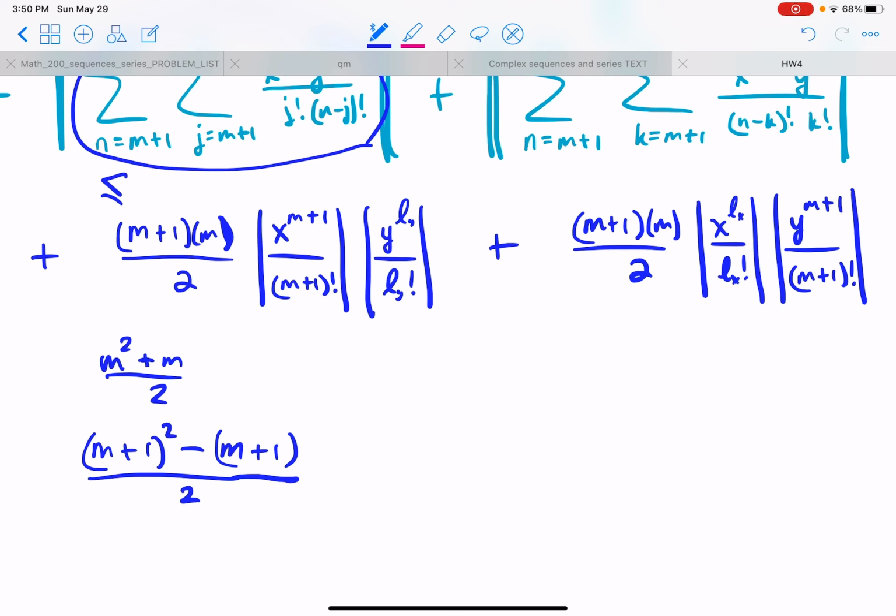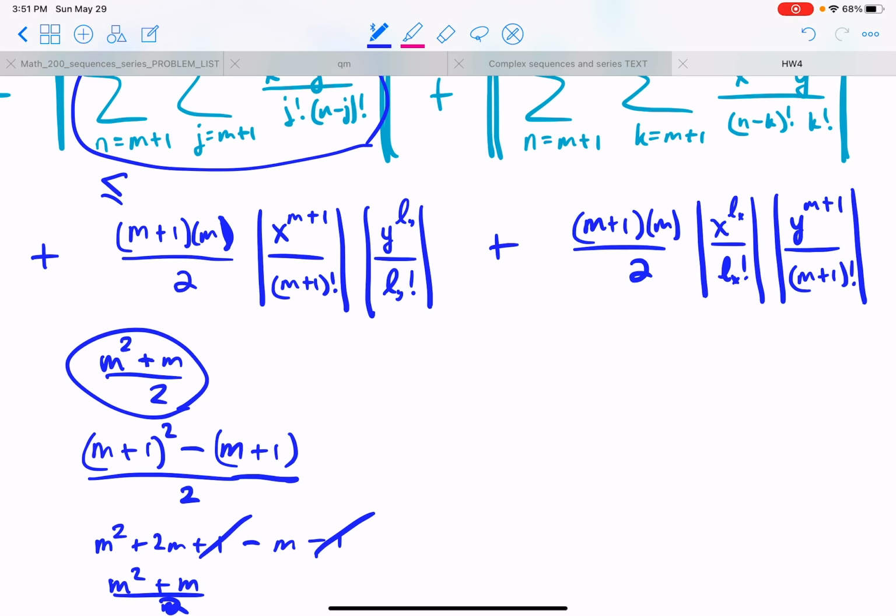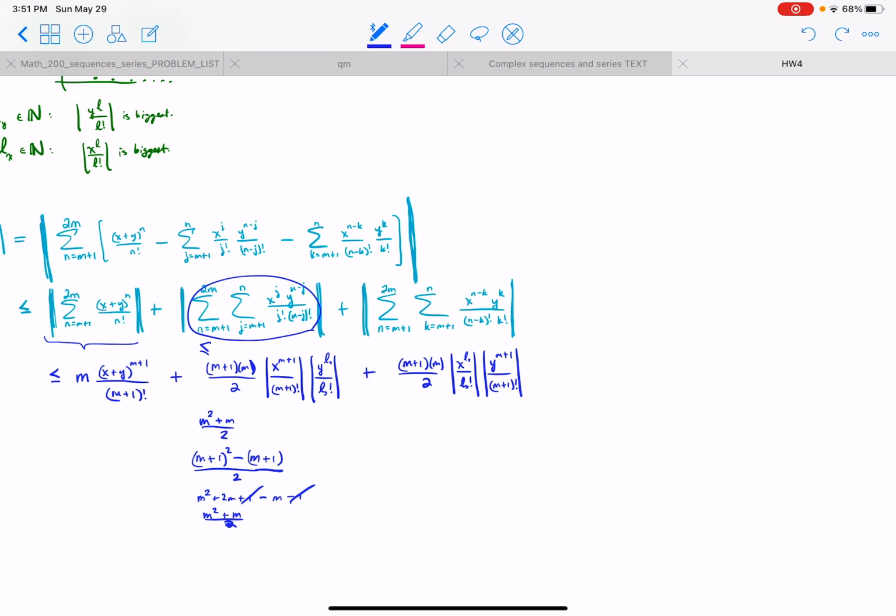That happens to be true just from the geometry, but let's check it. m squared plus 2m plus 1 minus m minus 1. The 2m and the minus m become an m, and we get m squared plus m over 2. And that is correct. Okay, so anyway, there's a lot here.